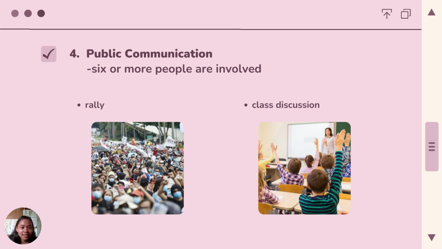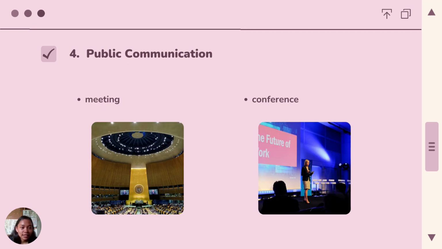And next is class discussion. So there are more than 30 or 50 students inside a class and a teacher talks. So that's public. And then there's a meeting. This picture is the United Nations General Assembly meeting. So there is a group of officials coming together to talk about this event. And then conference.